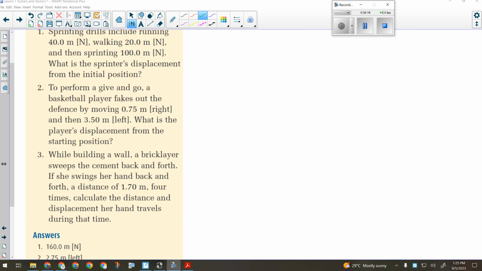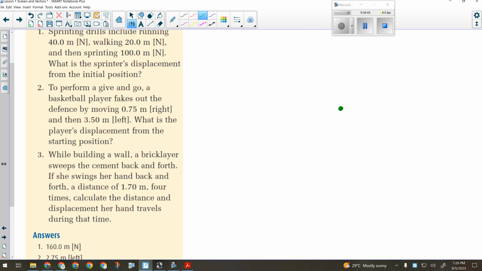All right, how many people have done number 2? Okay, so on number 2, okay, we got a basketball player that's doing a give and go, so they fake one direction, so they move 0.75 meters to the right, and then they move 3.5 meters to the left. What's the player's displacement from the starting position? So being able to identify our initial position is important. Okay, I'm just going to draw a dot here where that initial position is. Right?